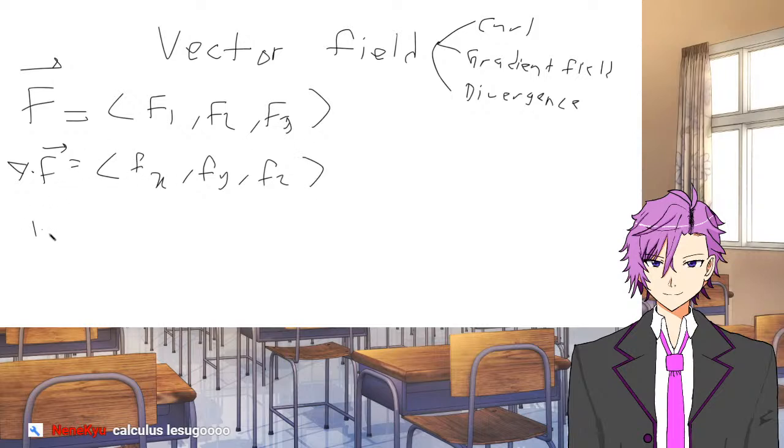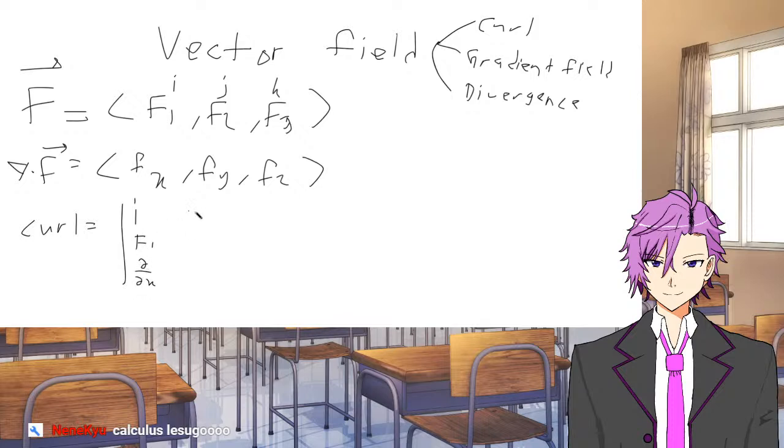But if you want to talk about the curl, it's going to be pretty long. But if you want to simplify it, let's just say that this is actually a determinant. So this is I, this is J, this is K. F1, and d over dx.